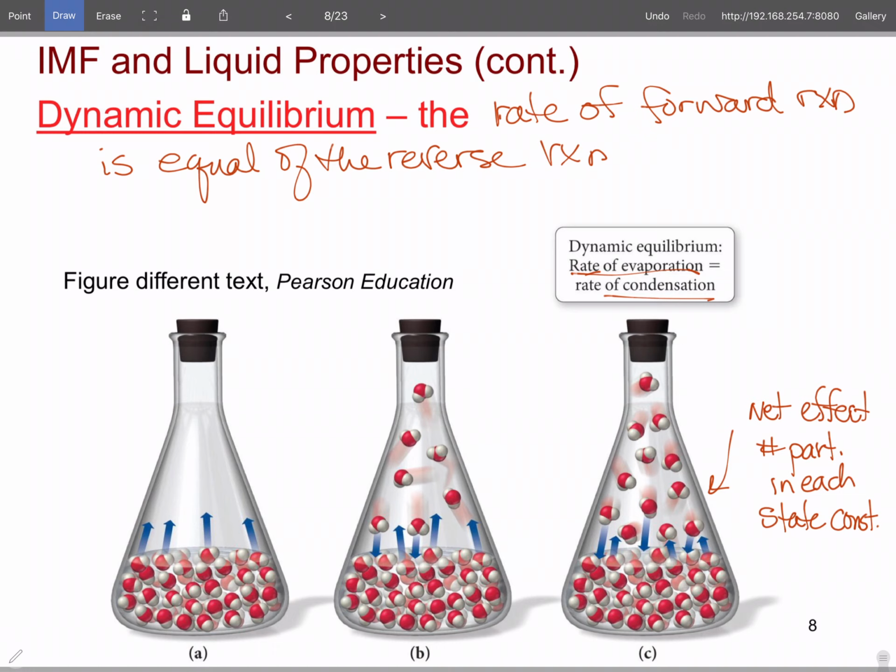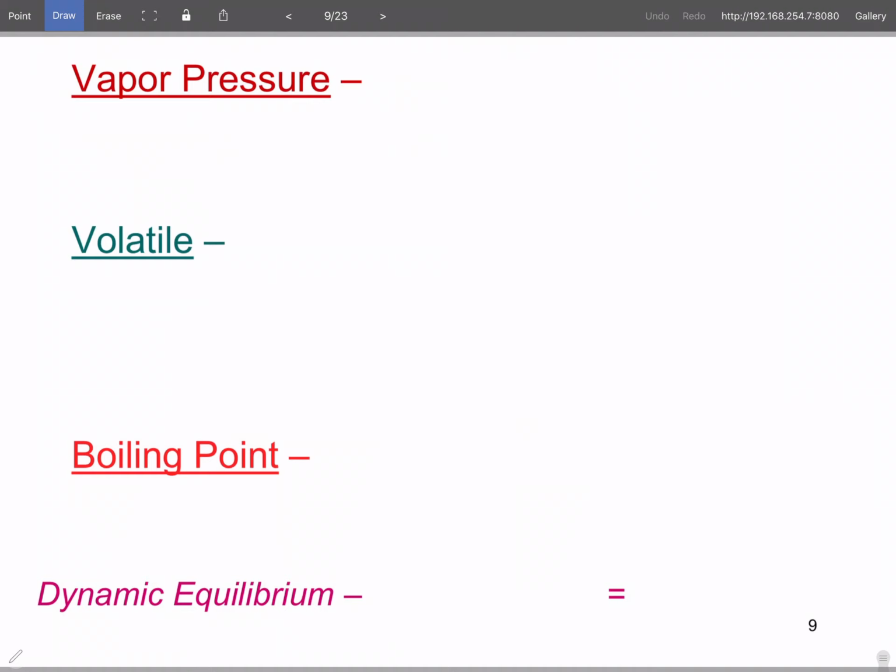Okay? So what we're doing here is the vapor pressure in a closed container. And if you'll notice, when we first make the setup, it's not at dynamic equilibrium. It has to make it to that point. Okay, and how does it do that?